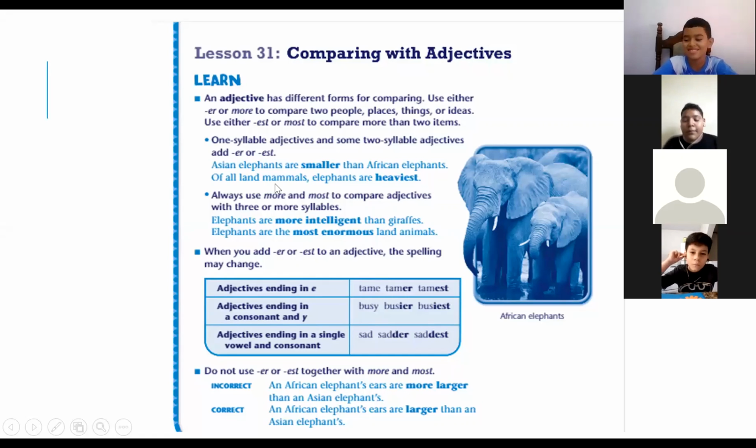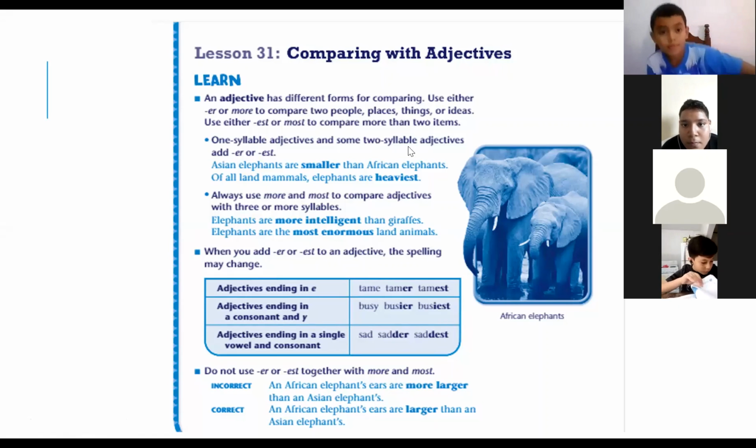Okay, so as I was saying, of all land mammals, elephants are heaviest. As you know, heavy is a two syllable adjective. For the ones who just came in, it's on page 140. So heavy is a two syllable adjective, but you can use EST or ER when comparing.